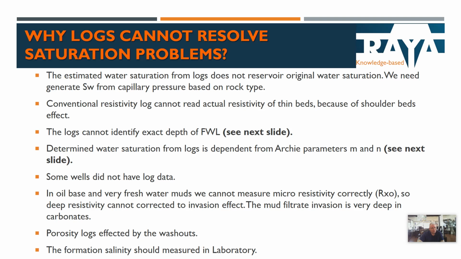Based on the rock type, the M cementation exponent and N saturation exponent change, and basically we should have formation resistivity factor and effective porosity from the core to plot and estimate M for different rock types.